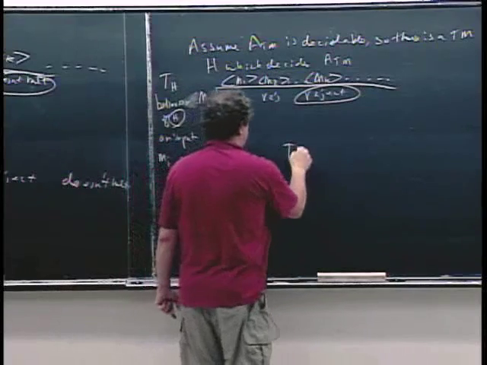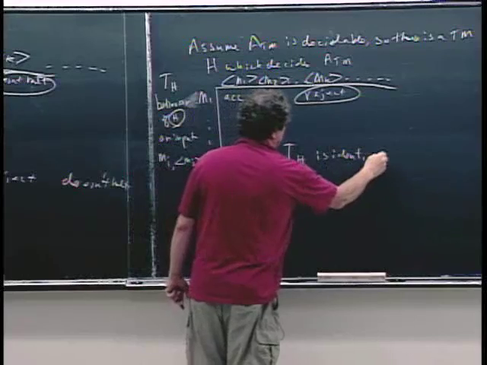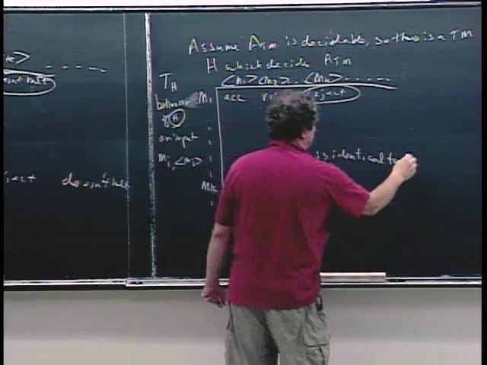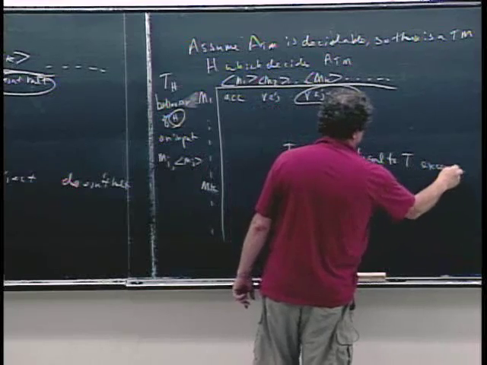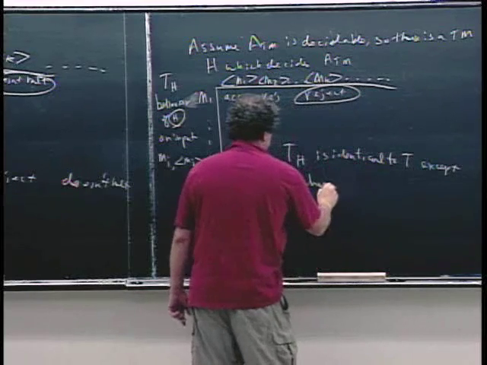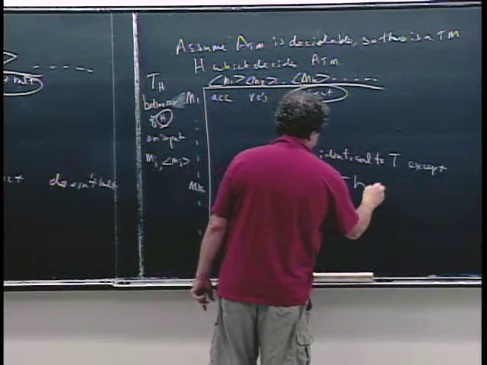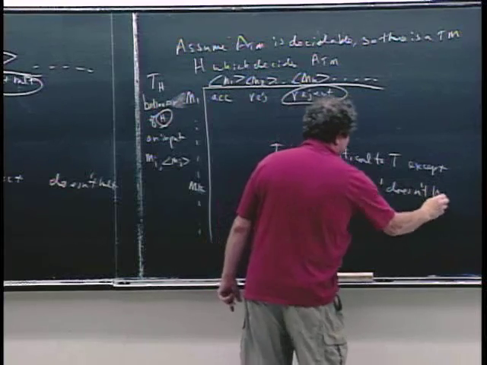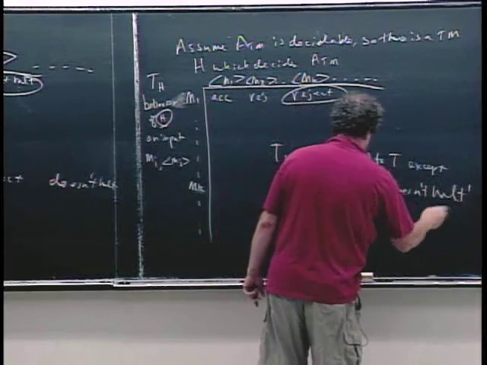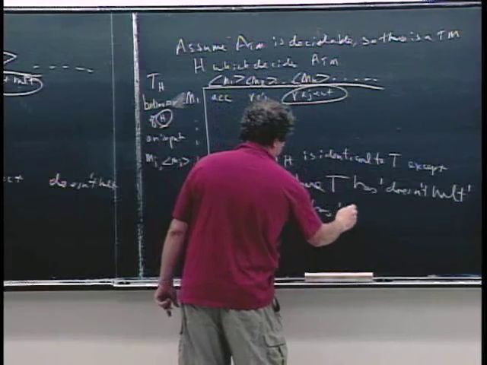So TH is identical to T, except where T doesn't halt, TH has reject.